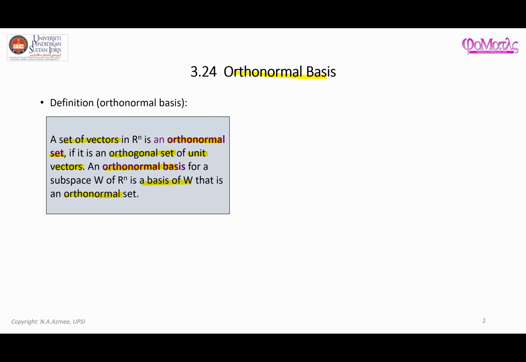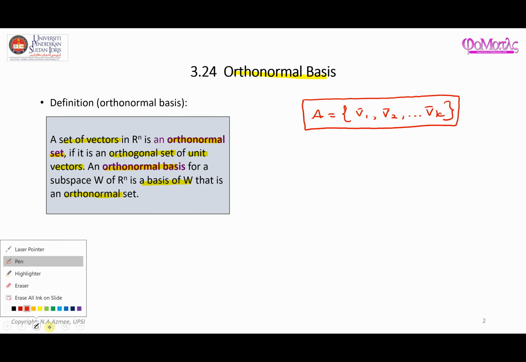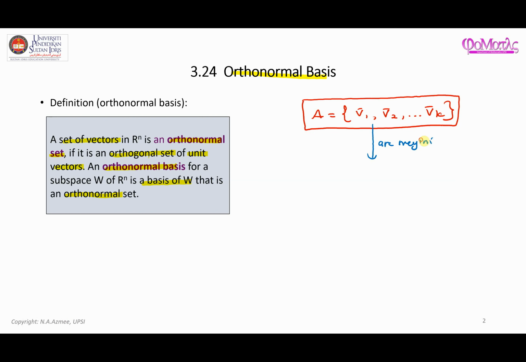Here we have a set of vectors. A here is the set of vectors. What we can do is ask whether they are unit vectors.